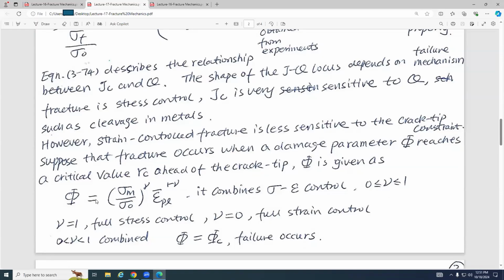What's the value of R? A0 is the initial crack length. But R is a function of A. If A changes, R will be changed, right?